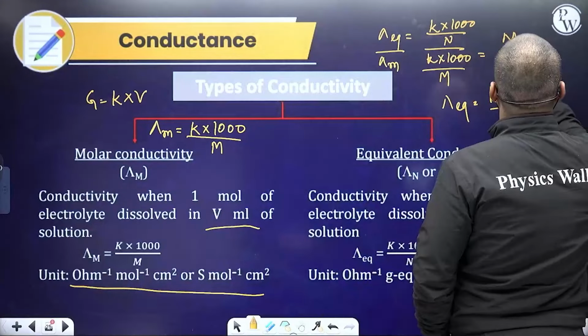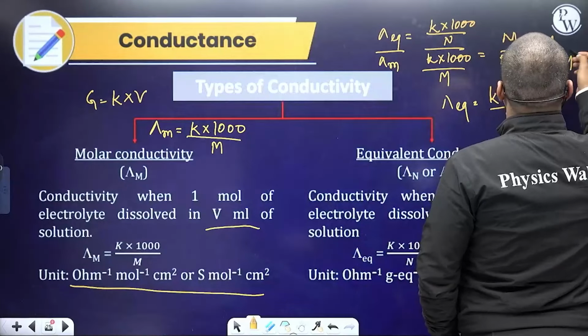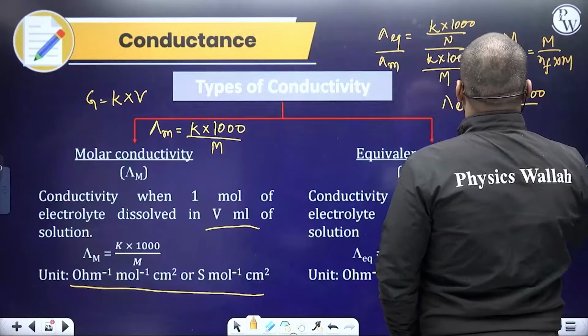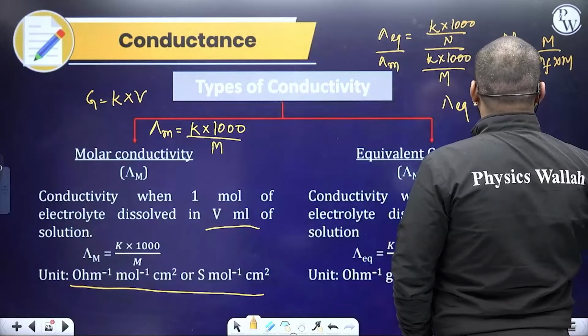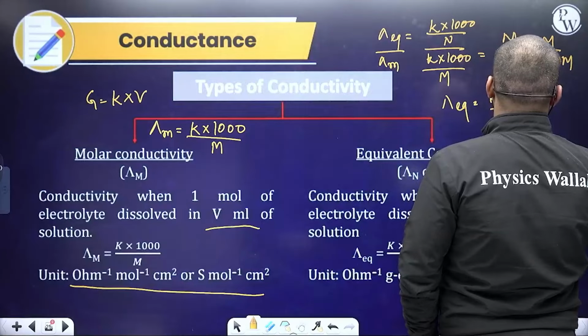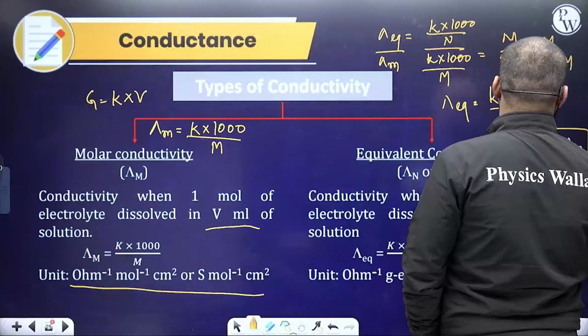We know normality is equal to n factor into molarity. Molarity cancels, and when you cross multiply, molar comes out to be equal to n factor into equivalence. This is the final derivation.